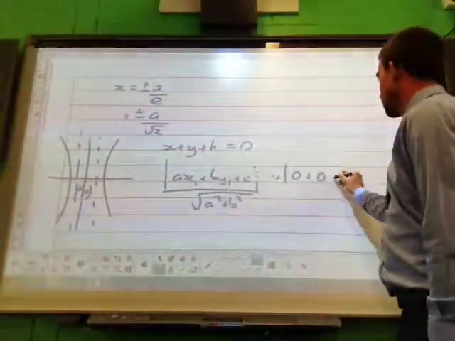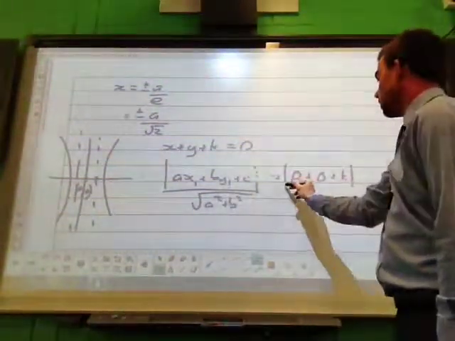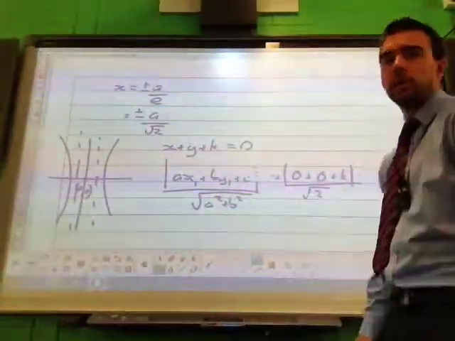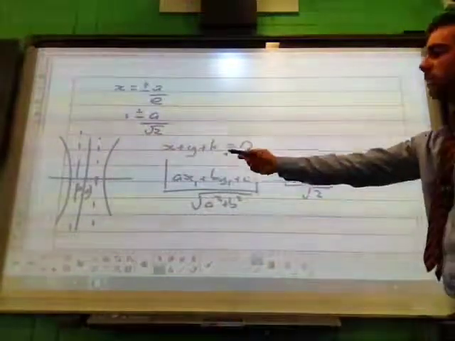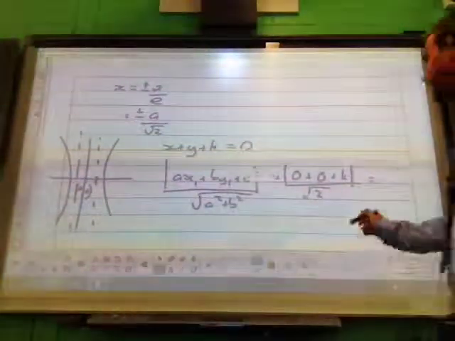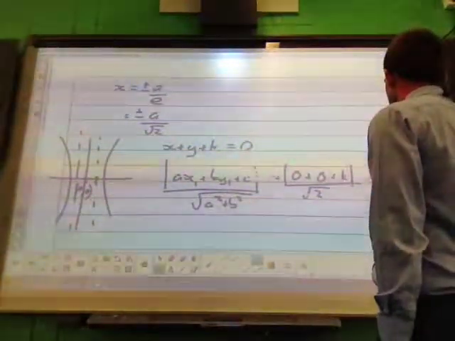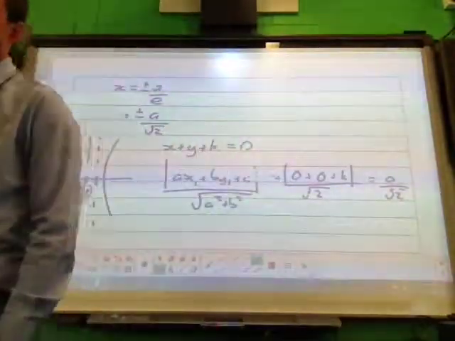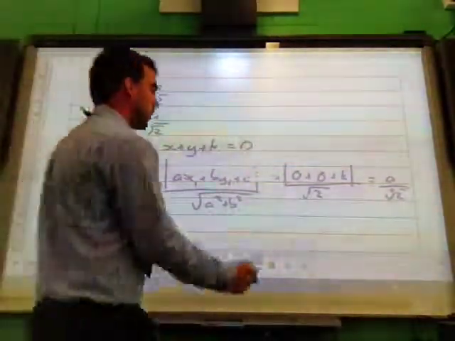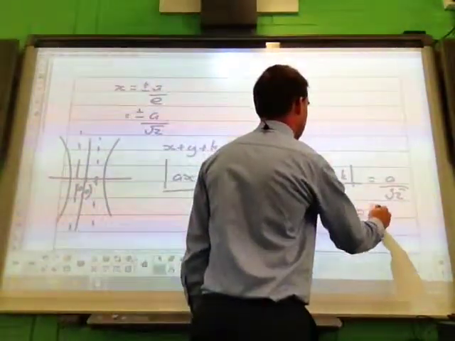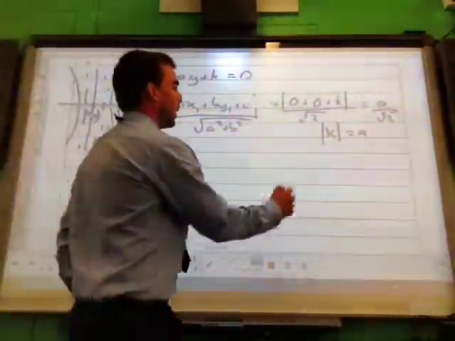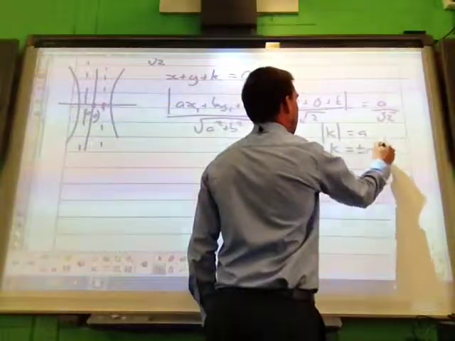And then c, which is k, that's what I'm determining, over the square root of 1 squared plus 1 squared, square root of 2, must equal the distance from the origin to the directrix, A on root 2. Okay, so the absolute value of k must equal A.